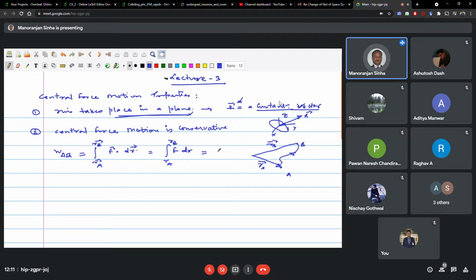And this turns out to be a potential function, which we have written as WAB, in terms of RA minus RB. So to this extent we worked out last time. Now the other part of this can be worked out quickly.